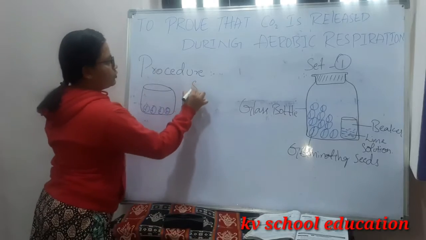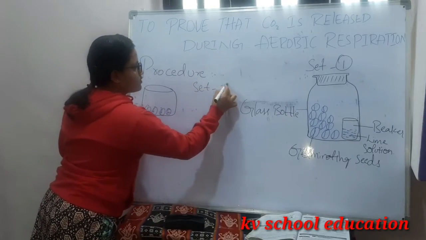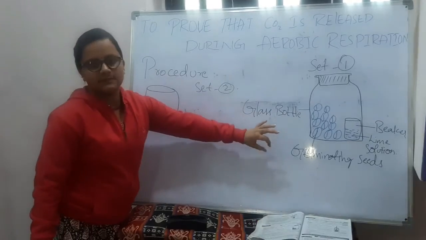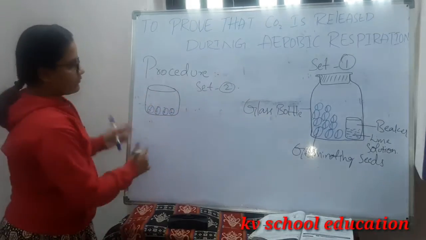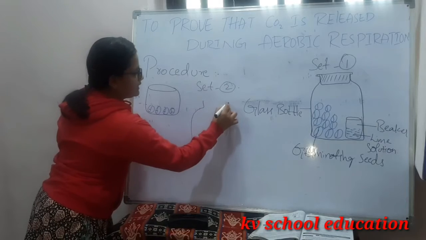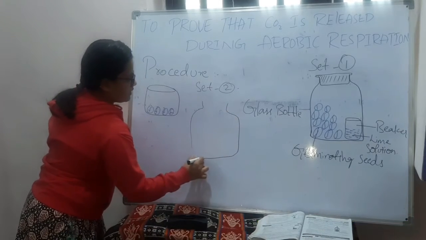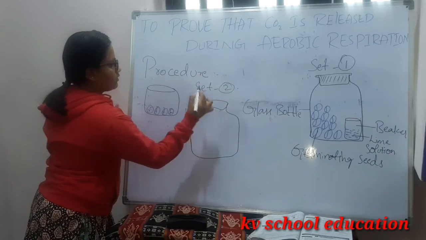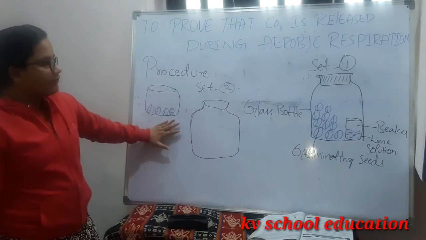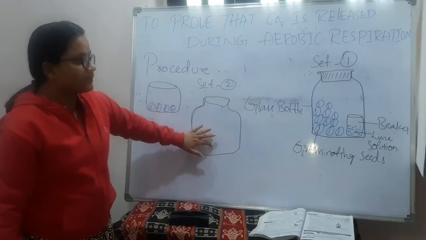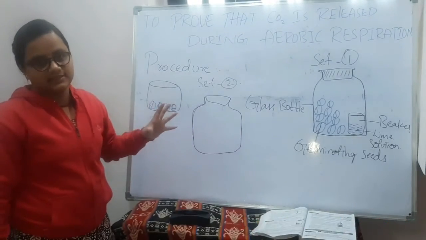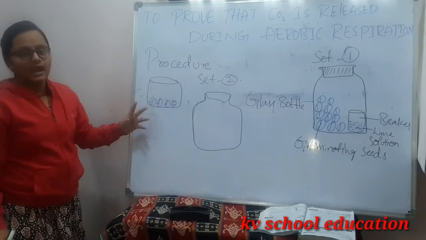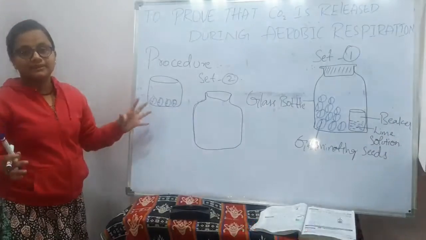Then there is set 2. The procedure will be the same, but with some changes. Imagine this is a glass bottle. Here we need to pour unsoaked seeds. In set 1 we soaked the seeds in water and tied them in the white clean cloth.